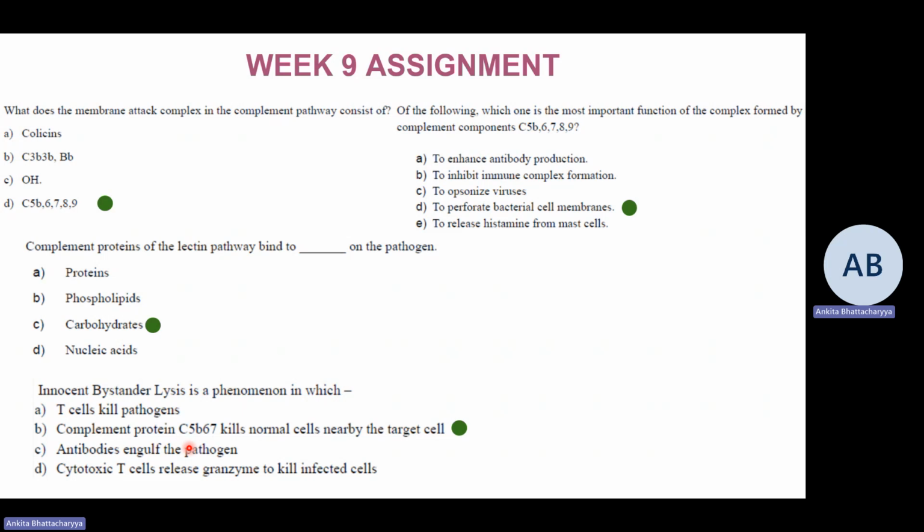Innocent bystander lysis is when a cell that is not supposed to be killed gets inappropriately killed in place of the target cell, because of the complement proteins that kill the normal cell very close to the cell that originally was intended to be targeted, and its eventual clearance. So option B is the correct option in that case.